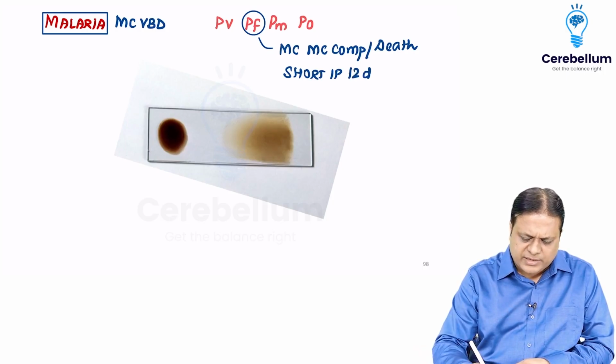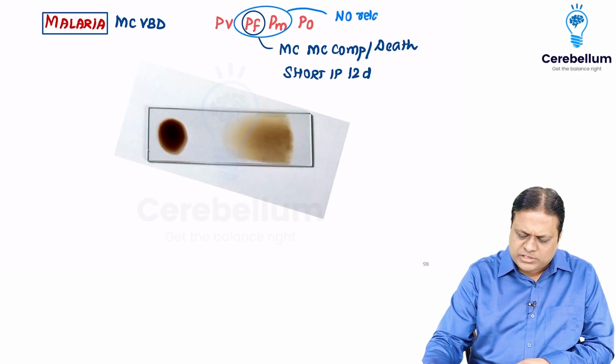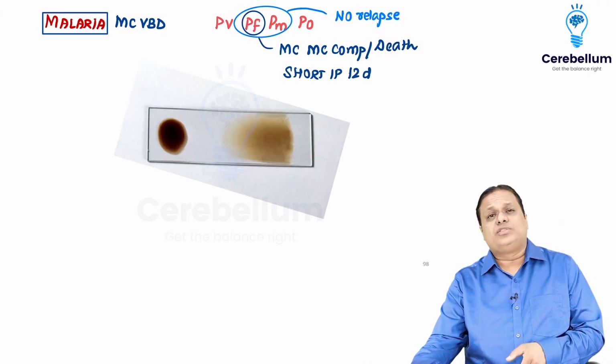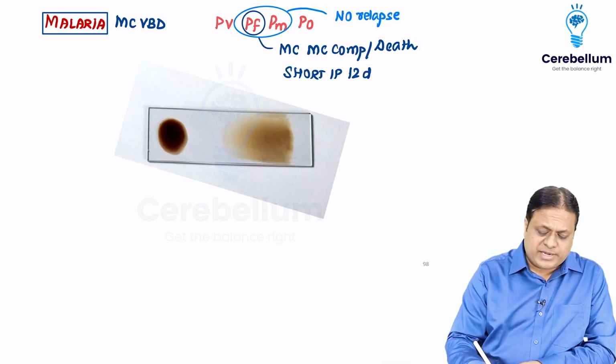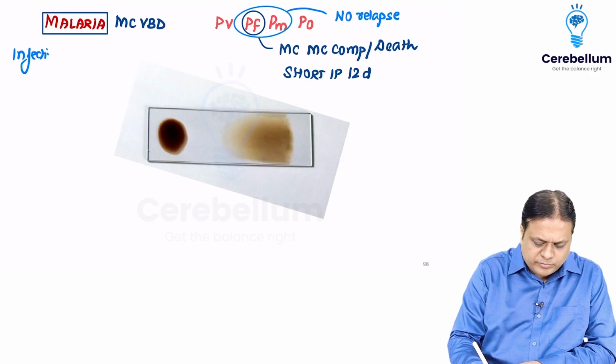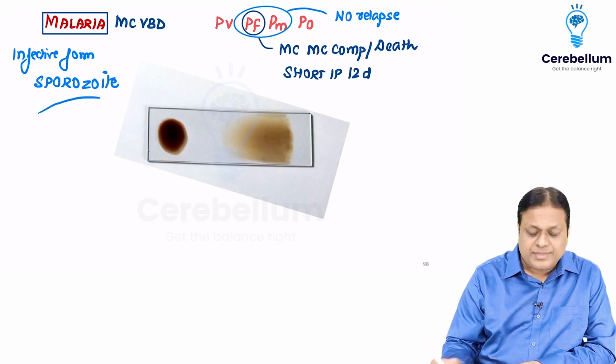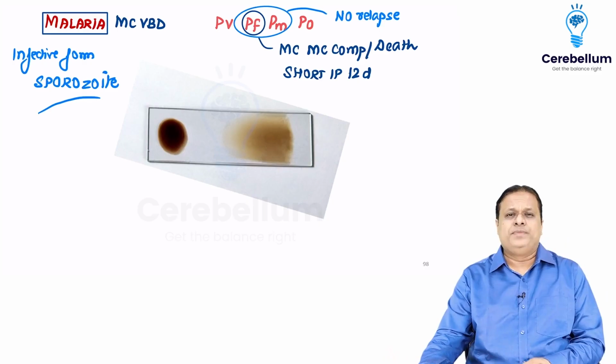Also, when you look at Falciparum and Malariae, both of them have no relapse. Because in Falciparum there is no exoerythrocytic phase, hypnozoites, but its infective form is sporozoite. Trophozoite is the infective form in blood-borne malaria and congenital malaria.